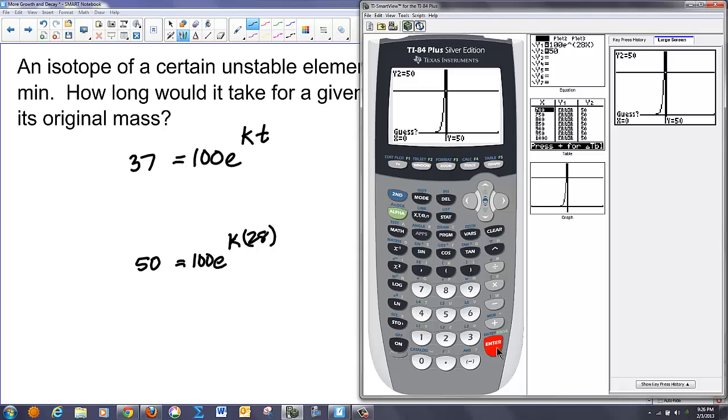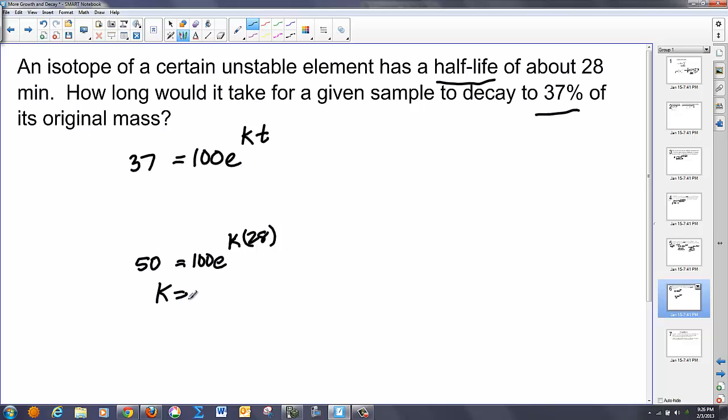1, 2, 3. I get an answer of negative 0.0247. So I get k equals negative 0.0247.